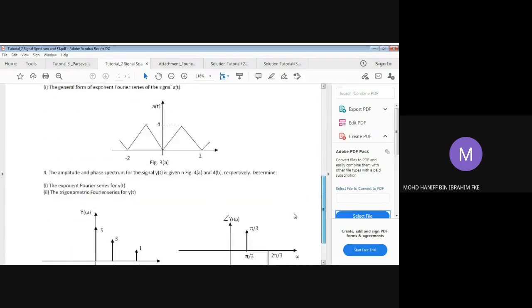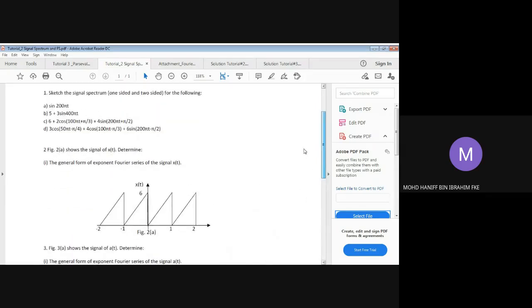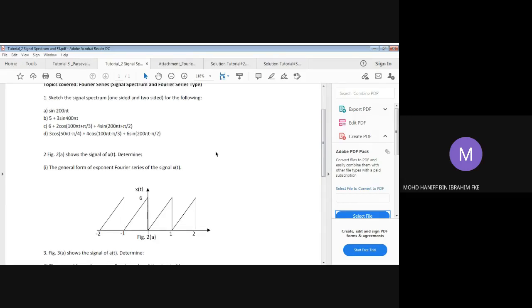So we have 4 questions basically. If we look at these questions carefully, number 1 is on the type of Fourier series. We want you to convert all of these series A, B, C, and D into cosine terms only, and then you must be able to sketch the one-sided spectrum.